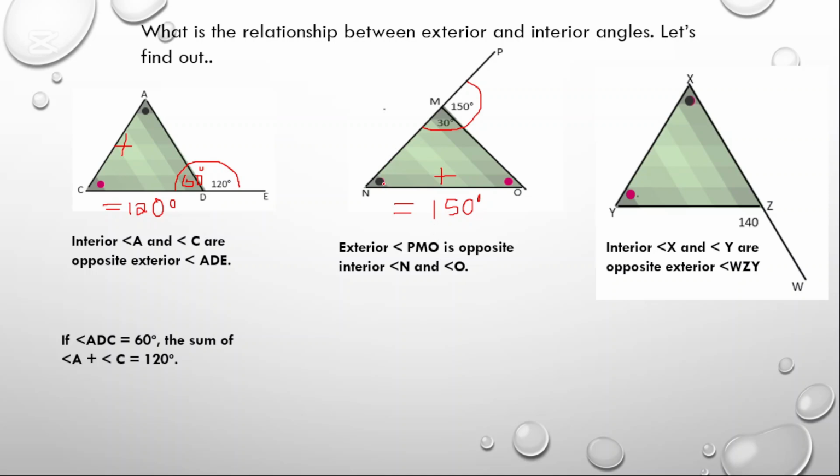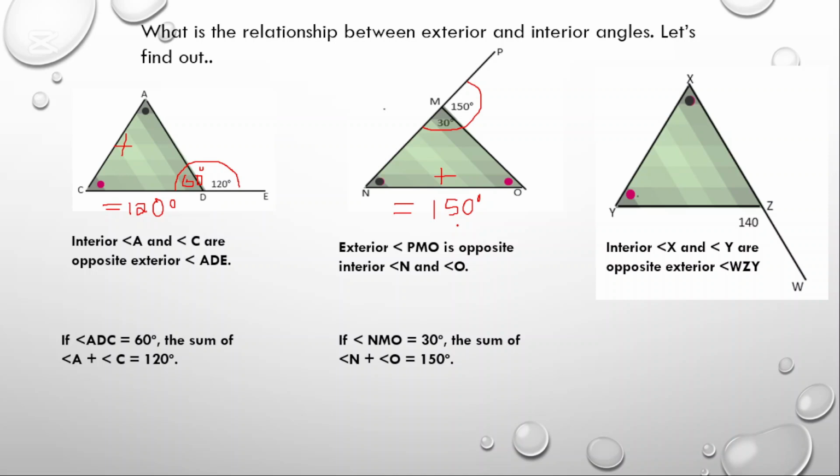Maybe N is 70, then O will be 80. But we do not know the sizes of each one. All we know is that the sum of N and O is 150 degrees. So they tell you here again, if NMO is equal to 30 degrees, the sum of N and O is 150.